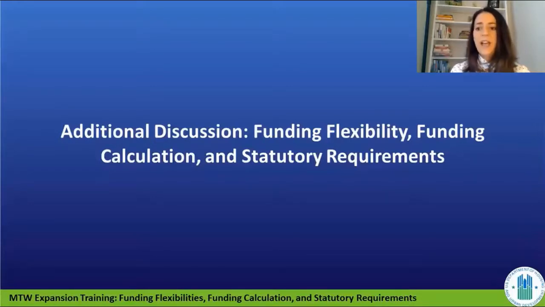The short answer is that agencies are able to apply for both MTW expansion as well as the mobility demonstration through the NOFA. For any updates on the requirements that would be included in an updated version of the mobility NOFA, I would encourage you to keep your eyes out for that.